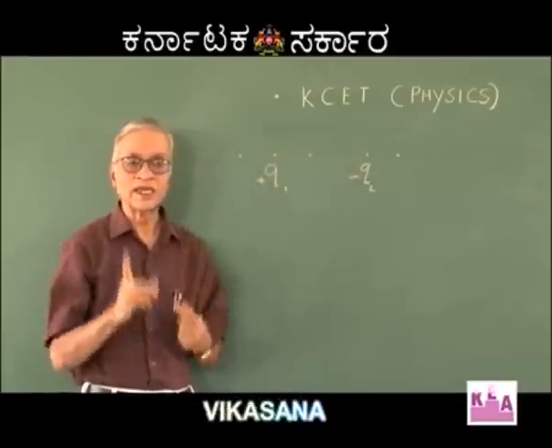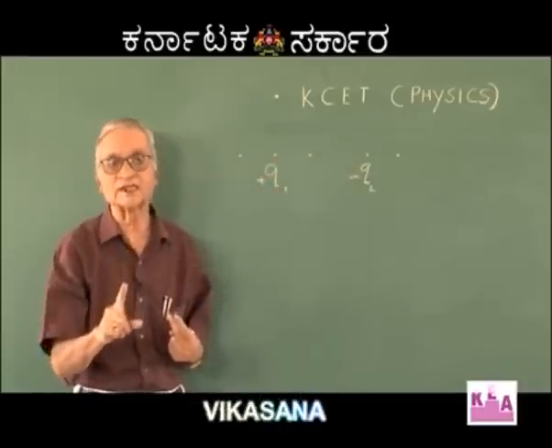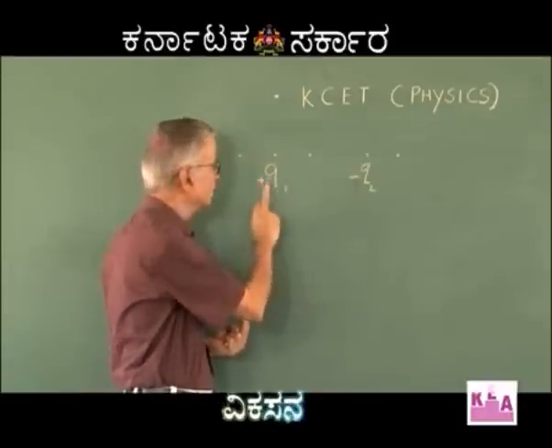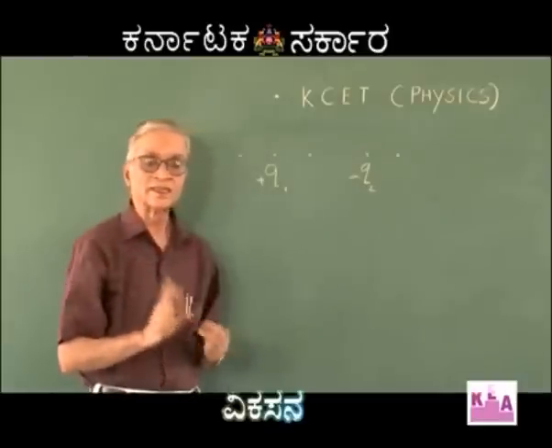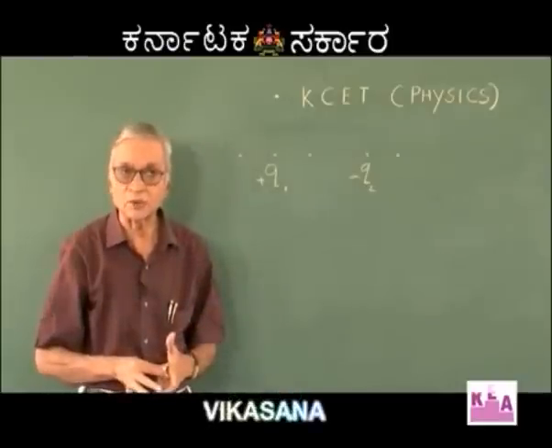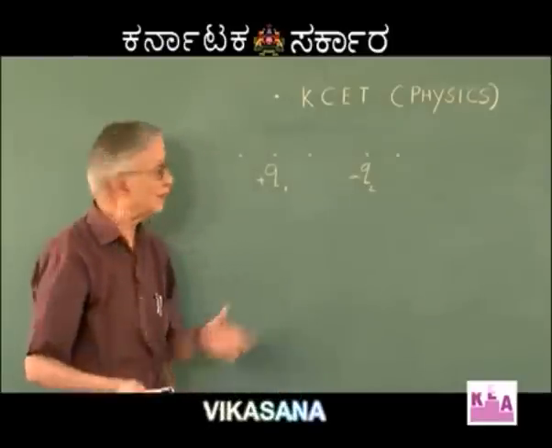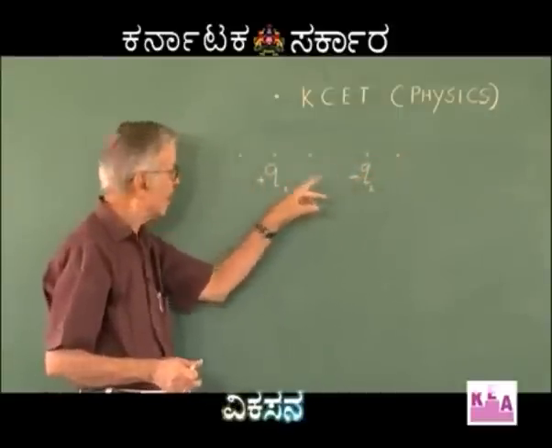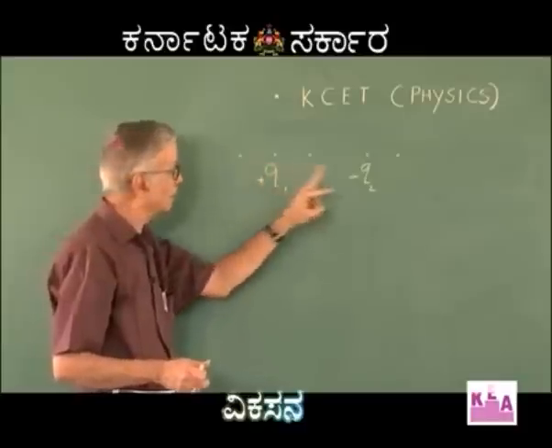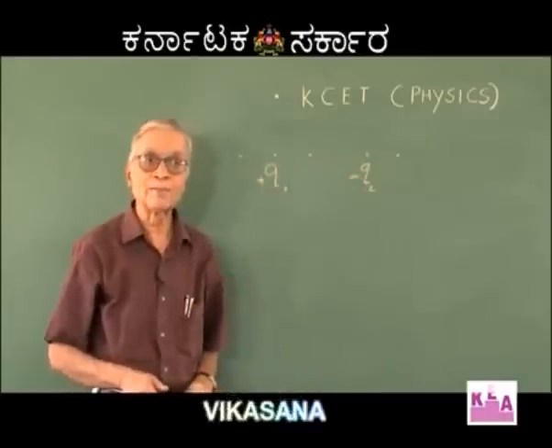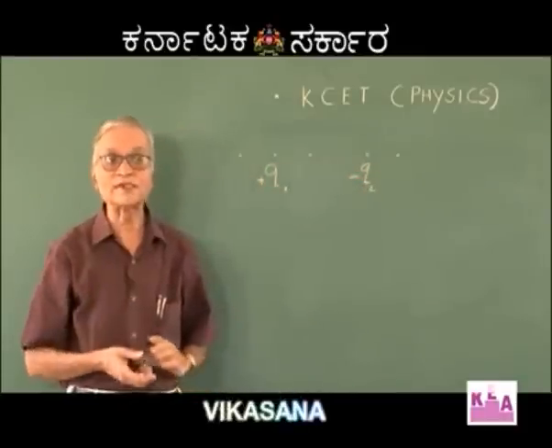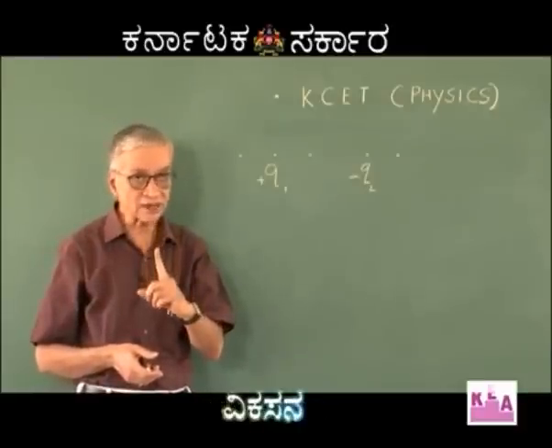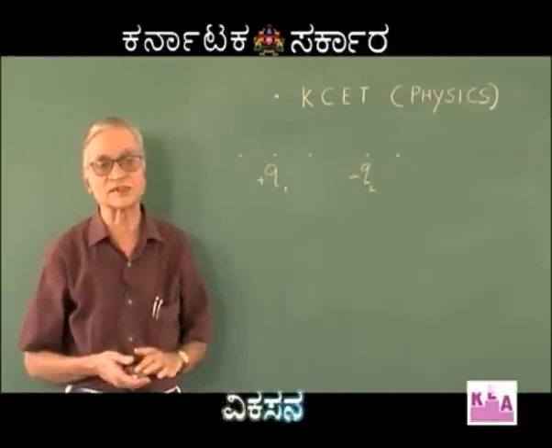Number 2, if the charges are of opposite nature, whether this is positive and this negative, or this negative and this positive, the electric intensity can be 0 only at a point beyond the line joining the two charges, either to the left of Q1 or to the right of Q2. Number 3, among these two points, you should choose the point which is closer to the smaller of the two charges.